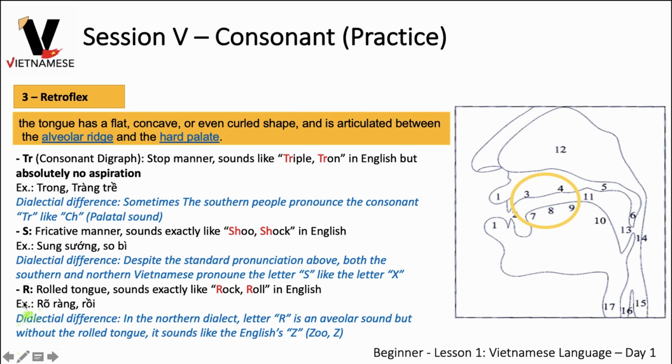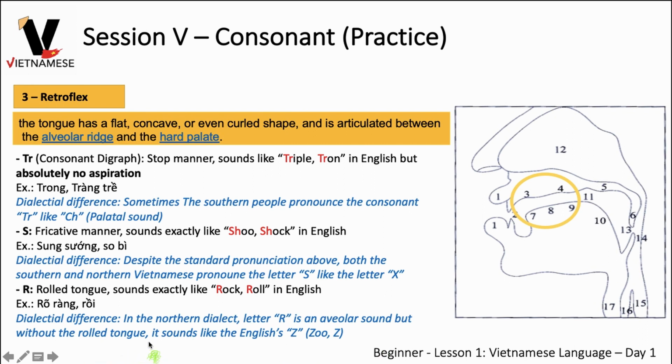And the next one, r. Easy. This sounds exactly like rock and roll in English. For example, rõ ràng, or rồi. And one more time, due to the dialectal difference, in the northern dialects the letter r is an alveolar sound but without the roll tone.